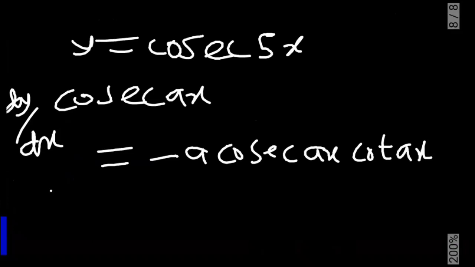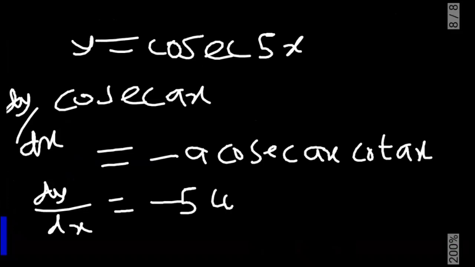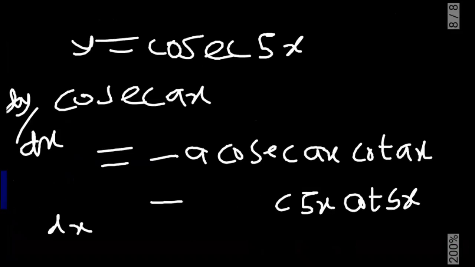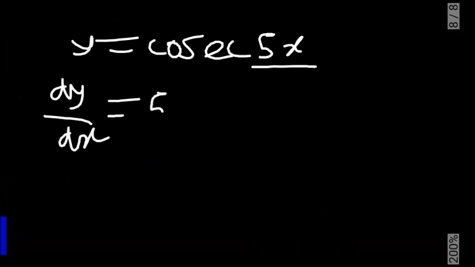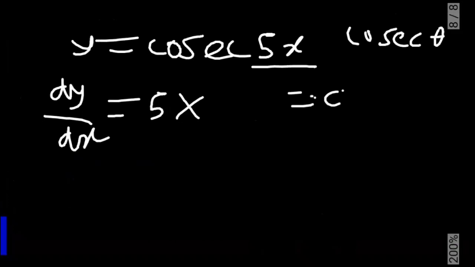So this means that the derivative of cosec 5x would be minus 5 cosec 5x cot 5x. If we were to use chain rule, we get the derivative of this, which is 5, multiplied by the derivative of cosec whatsoever angle, which is equal to minus cosec that angle multiplied by cot that angle.